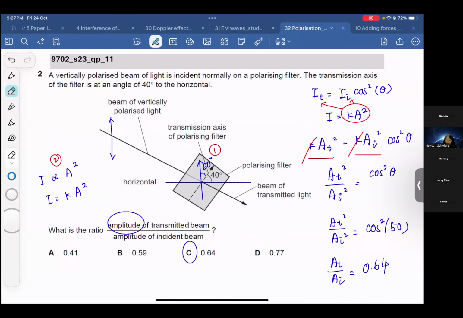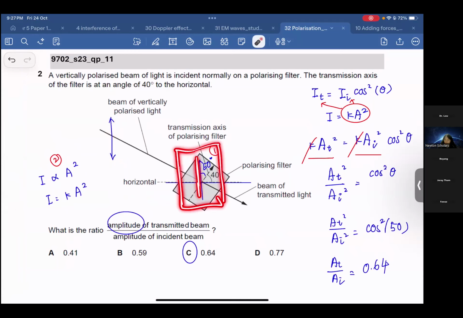A vertical polarized beam means that this one is starting vertically. So we assume our filter is vertical. How much angle do we rotate? Initially it is vertical, then we rotate it. In the diagram they give you 40 degrees from the horizontal. This is not the angle.